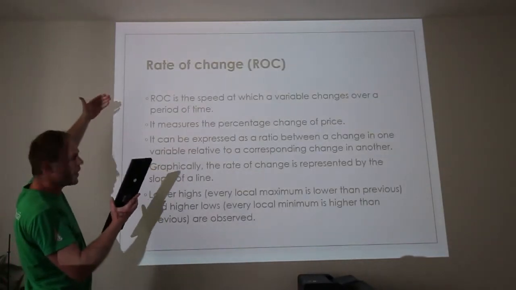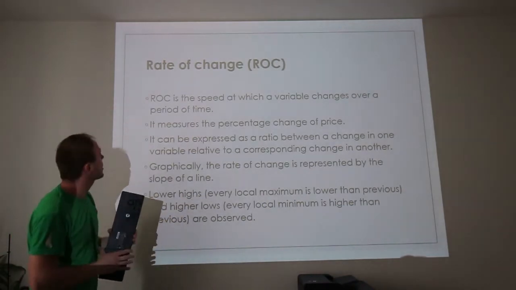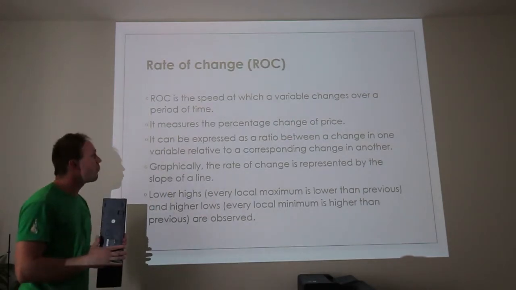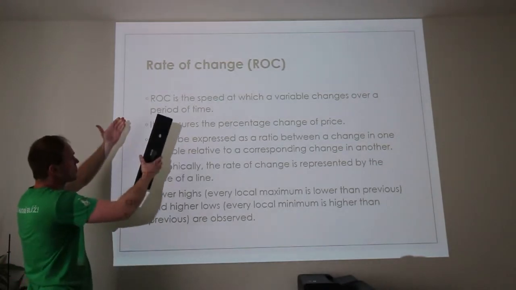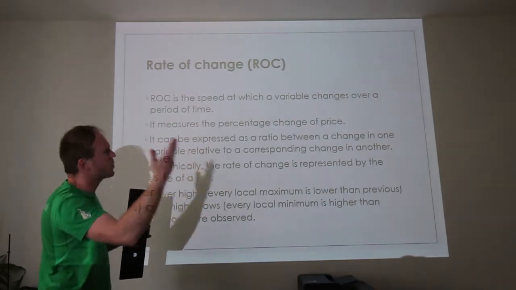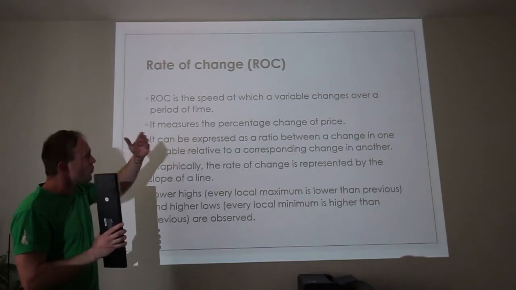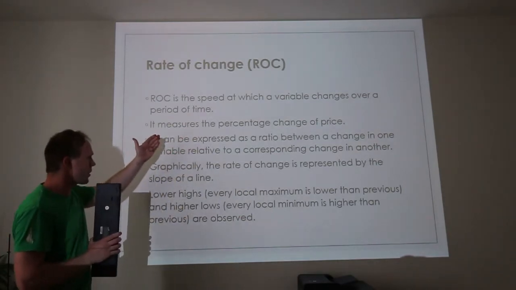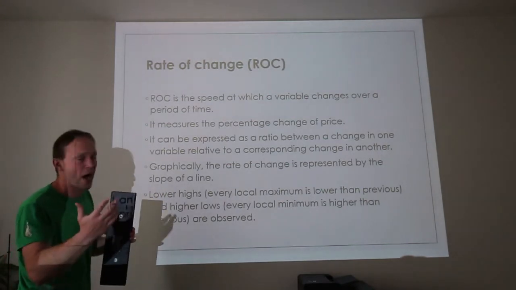So we can continue with another characteristic, for example, rate of change. Rate of change is the speed at which a variable changes over a period of time. It measures the percentage change of price.